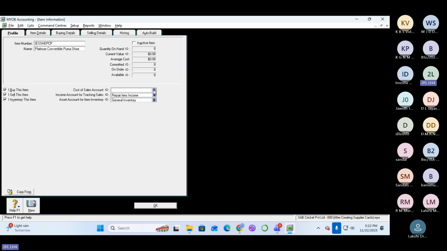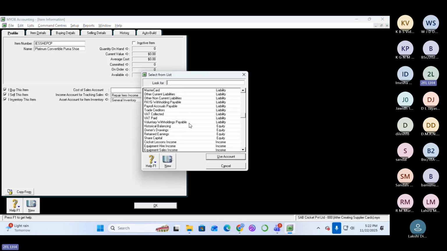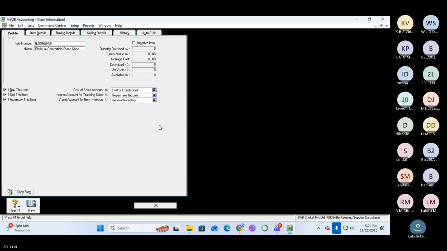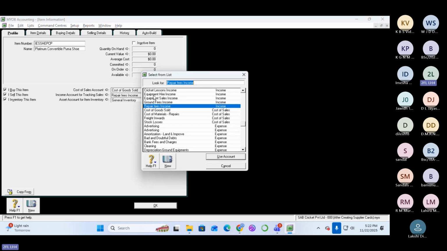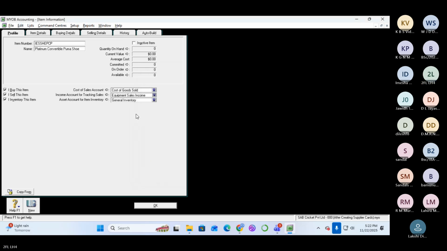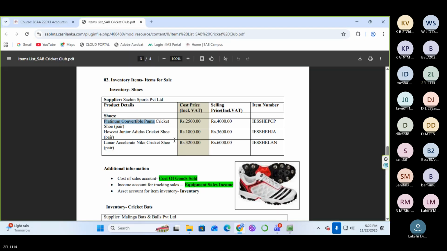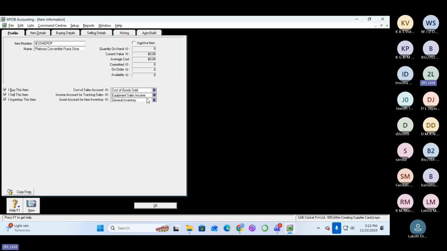My cost of sales account is cost of goods sold. Income account is equipment sales income. Inventory account is general inventory.